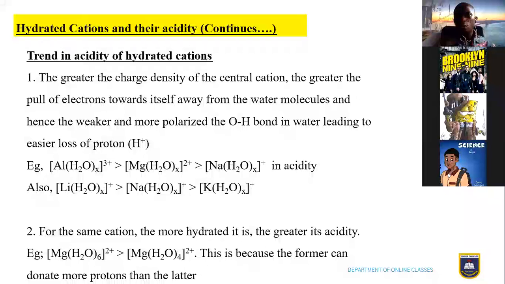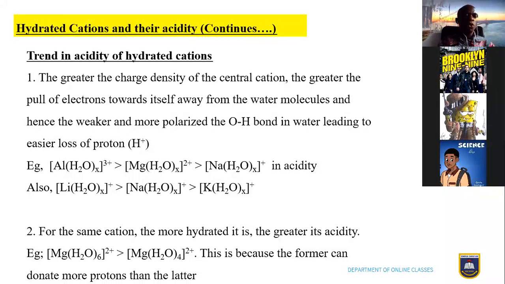Beryllium is the one that has the smallest size, so it has the greatest charge density. The pull that it will have on the electrons in the OH bond will be the strongest, thereby making the OH bond weaker, easy to break, and H plus easily released into solution, and that determines strength of acid. So the beryllium one is a stronger acid. That's the explanation.